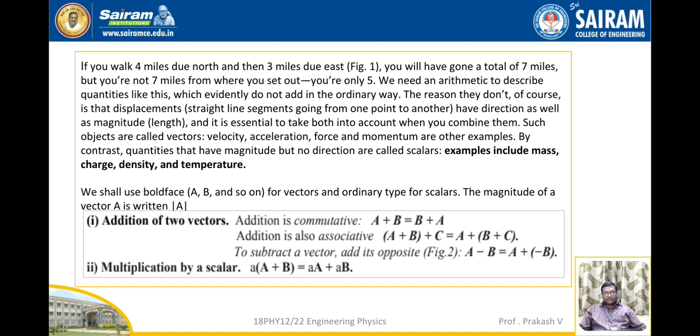To subtract a vector, add its opposite, that is A minus B is equal to A plus (minus B). Multiplication by a scalar: here small a is a scalar, so small a times (A plus B) is equal to small a times capital A plus small a times capital B.